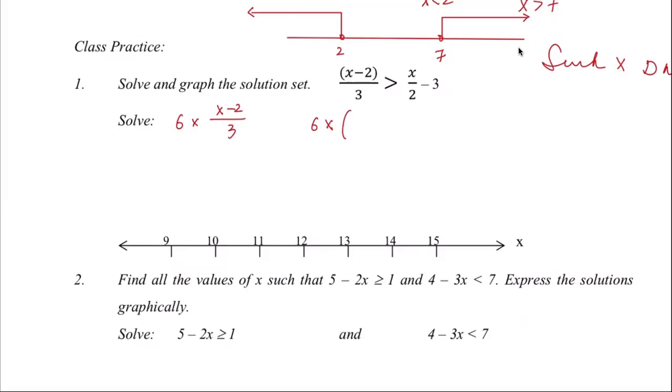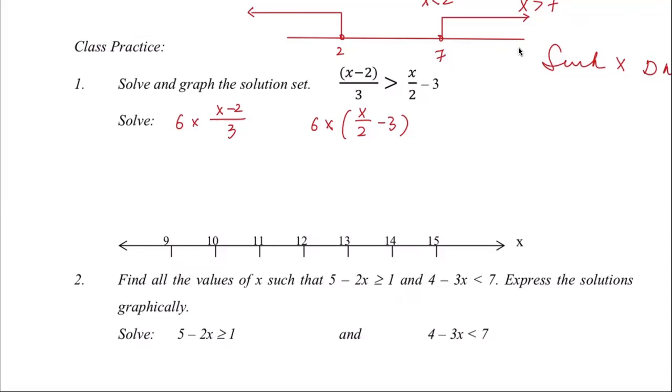You need to put brackets here, because this is not one term. These are two terms, so you need to put them in a bracket: x over 2 minus 3, right? And because in this step we multiplied both sides by a positive number, the sign doesn't change.